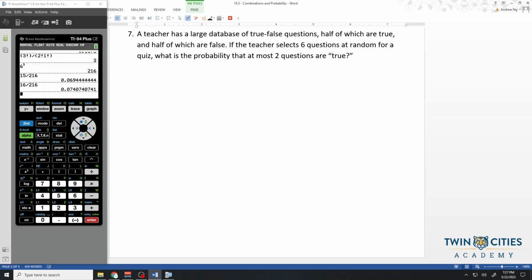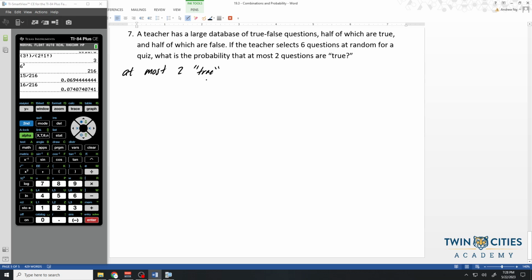We need to find out what are the number of ways to select at most 2 true. So let's do that part first. At most, 2 are true. And then the second thing is we need to know the total number of possibilities.